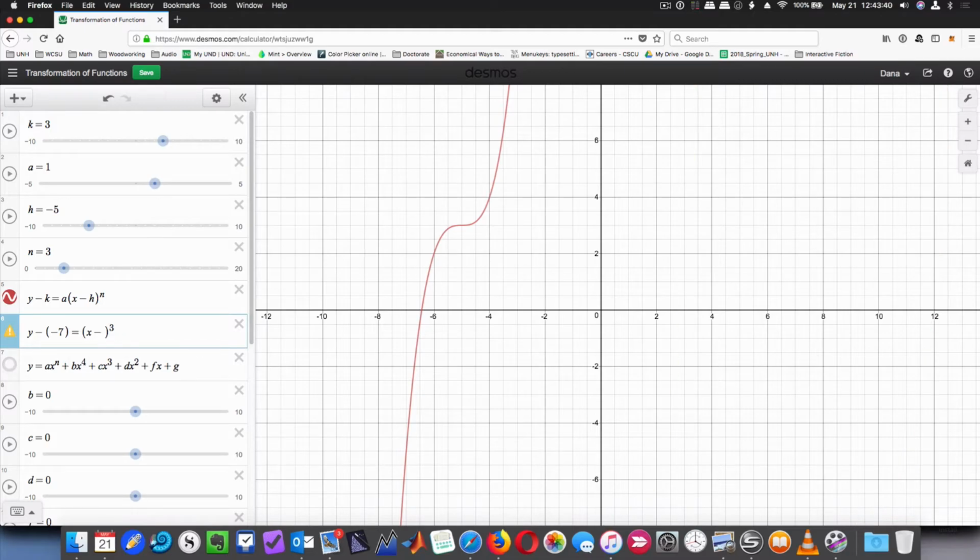What did I say? Left 3 units. Oops, left 5 units, sorry. And then up 3 units. And that's that. That's what my prediction would have been. That's what my equation looks like.